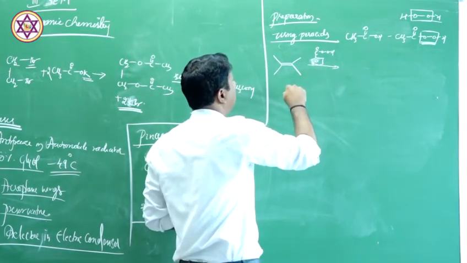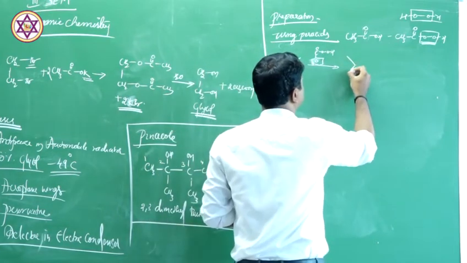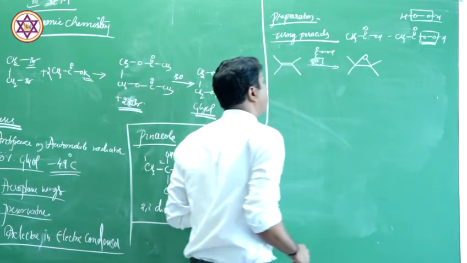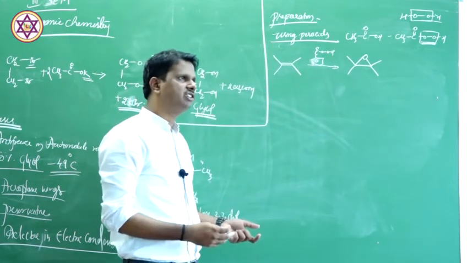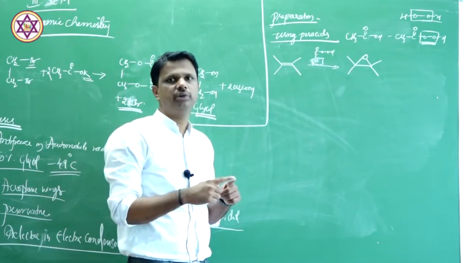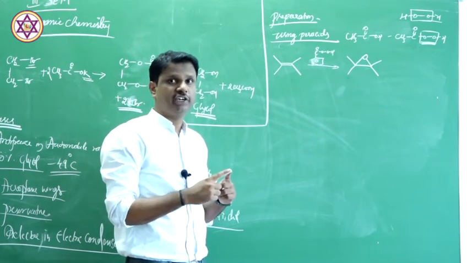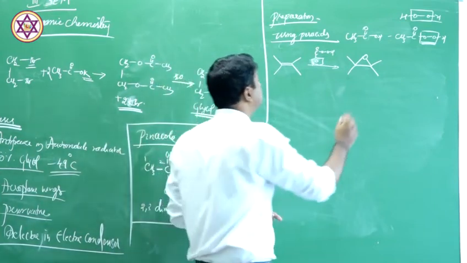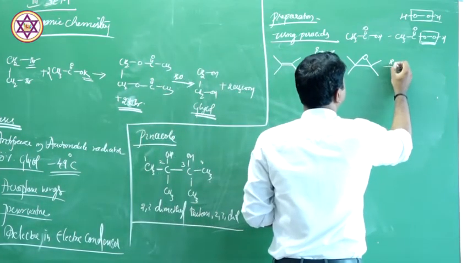You are going to get a compound with an epoxide ring, because peracids generally lead to the formation of epoxides when they react with the alkene system.